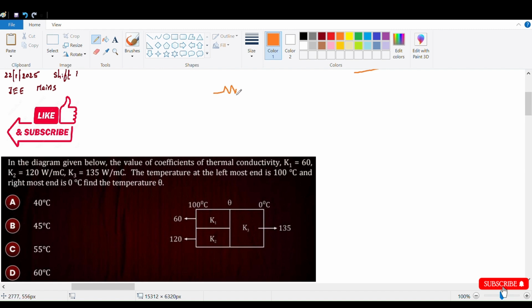So here is one resistor, here is one resistor, both connected this way to 100 volts. Temperature means voltage, you consider, and here one resistor is connected to 0 volts. Now they are asking the temperature here, that means you can calculate the voltage here.